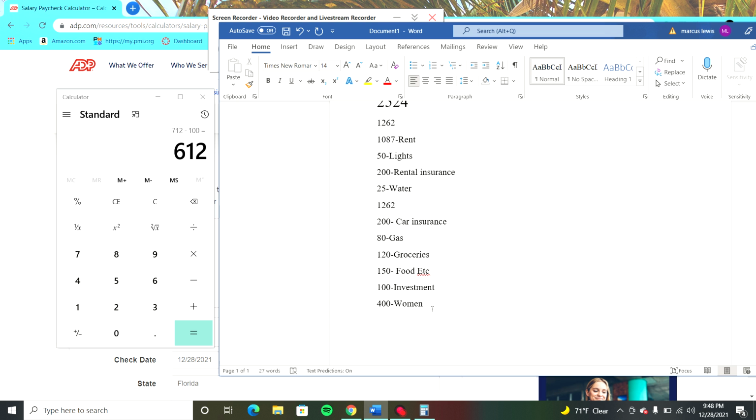That's another 100. So let's say $200 for the guys and 400 for the women. Alrighty. So for women that'll be $212, and for the men that'll be $412. That's when you ask yourself, what do you do with that extra 400?